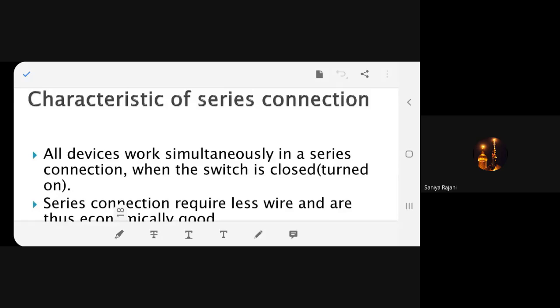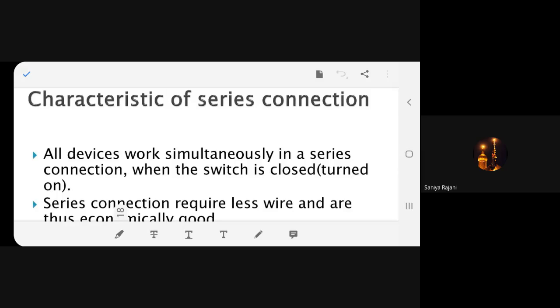So what does it mean? Can anyone explain that all devices work? What is the meaning of devices, by the way? Hello, what is the meaning of devices? Can anyone try? Yes, girls.